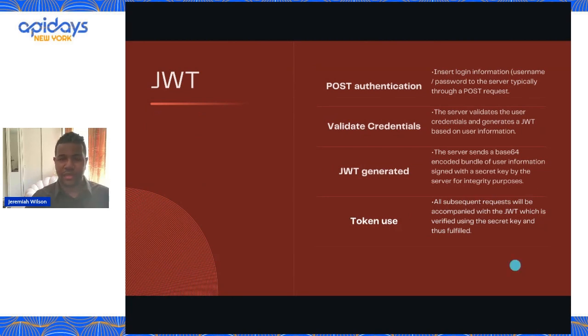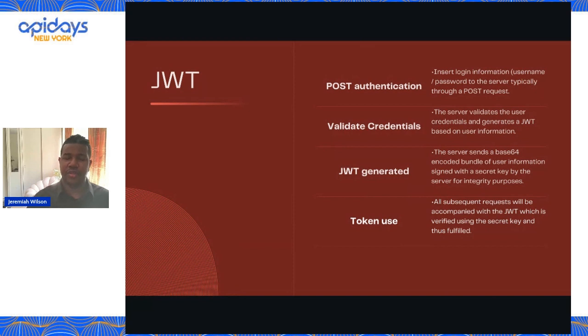Then JWTs are very similar as well. You would log in with username and password, simple enough. When the server validates, you are issued a JWT based on the information that you sent. JWTs are base64 encoded, and they bundle all of the user information with a signed secret key for integrity purposes.